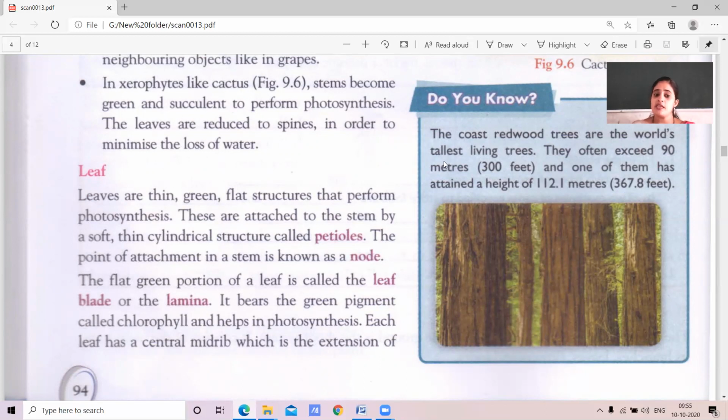The point of attachment on the stem, we call the node. Here, the flat green portion of the leaf, we call the leaf blade. If you see, the leaf has a flat green part. That part we call the leaf blade or the lamina.